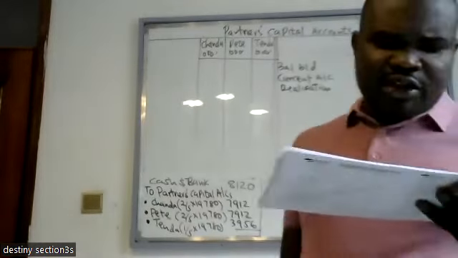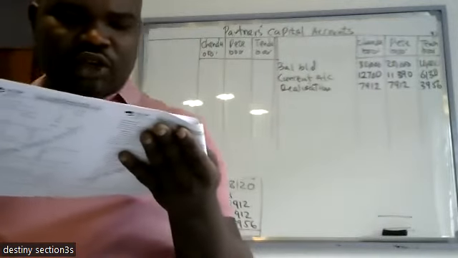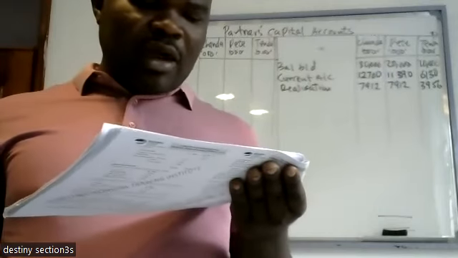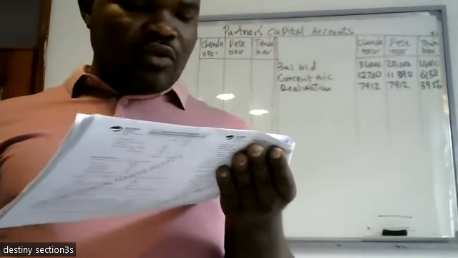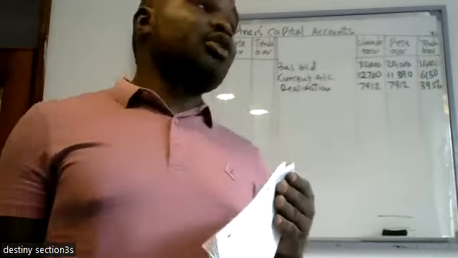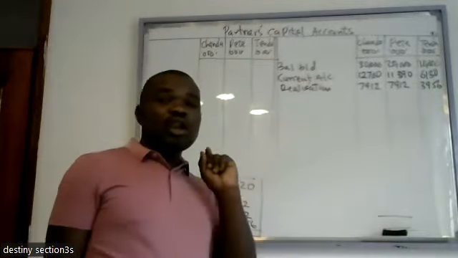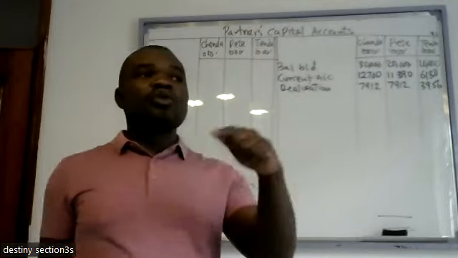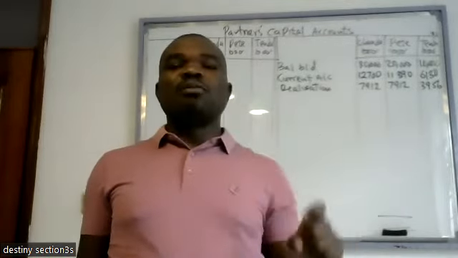The purchase consideration amounted to 110 million and was settled by the new company through the issue of ordinary shares of shillings 10 each to the partners in satisfaction of the amounts due to them upon conversion. So they gave them ordinary shares worth 110,000, to compensate their capital balances.